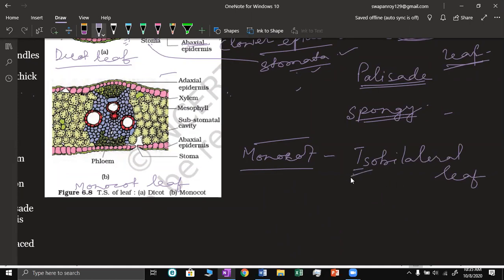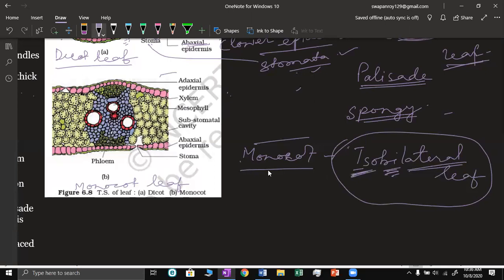Isobilateral: iso means equal, bilateral means two sides, so here both the sides are similar in their internal structure. So they are called isobilateral.